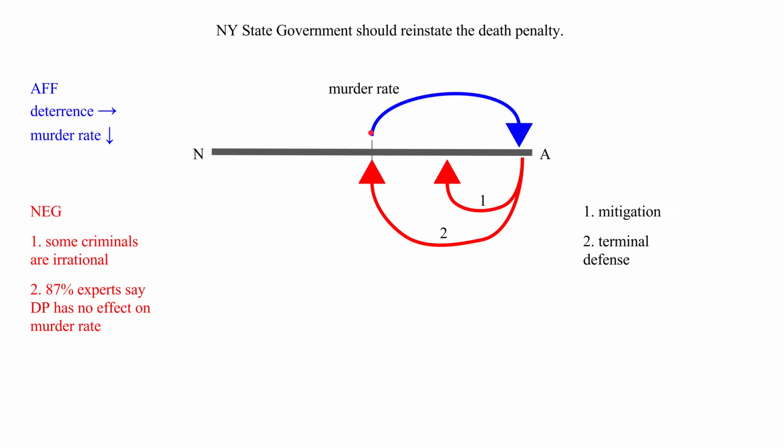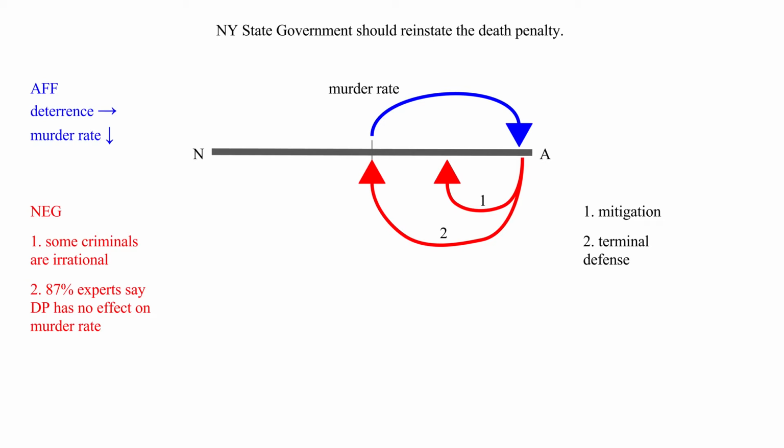There is at least some probability that this arrow going to the right might happen, which means that if we reinstate the death penalty, the worst thing that would happen is nothing happens, but the best thing that could happen is that there's actually a chance that the murder rate would go down. And so if there is a chance that something good would happen and there is no chance of anything bad happening to offset that, then the affirmative wins by default.